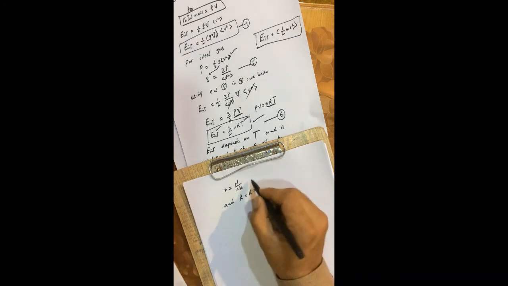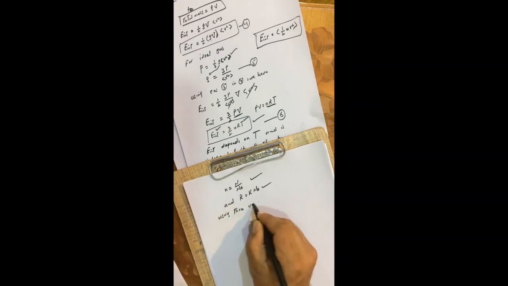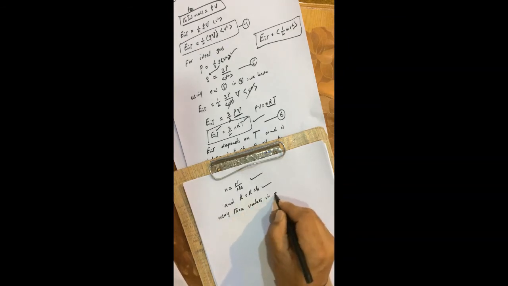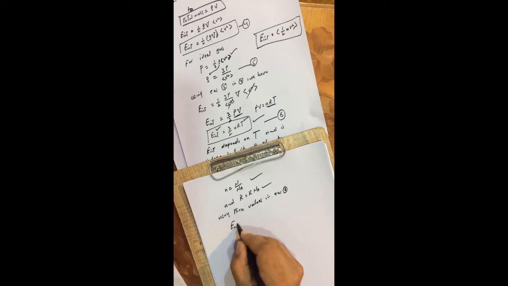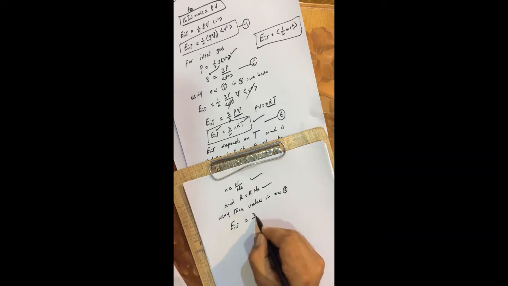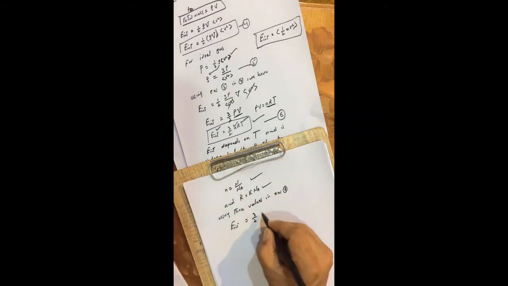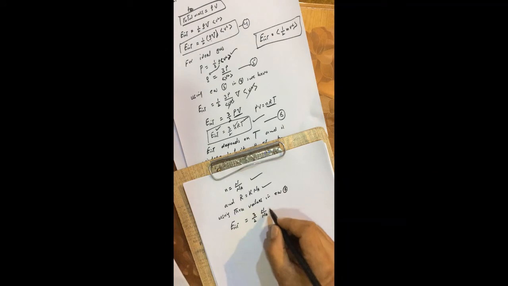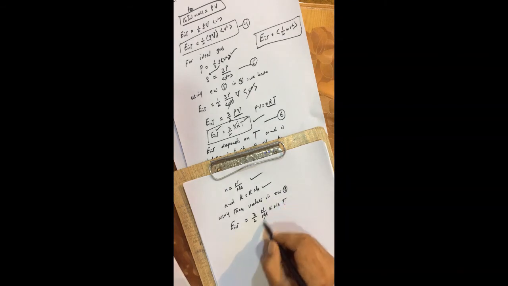So using these values in equation 6, which is this one, internal energy is equal to 3 over 2, and we have this small n, so I replace this n by N over Na, and we have this R, so I replace R by k into Na, and we have this T. So Na cancels with this Na.